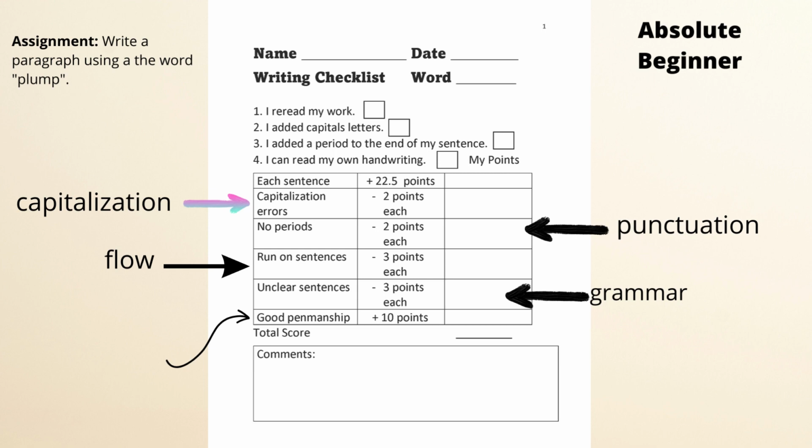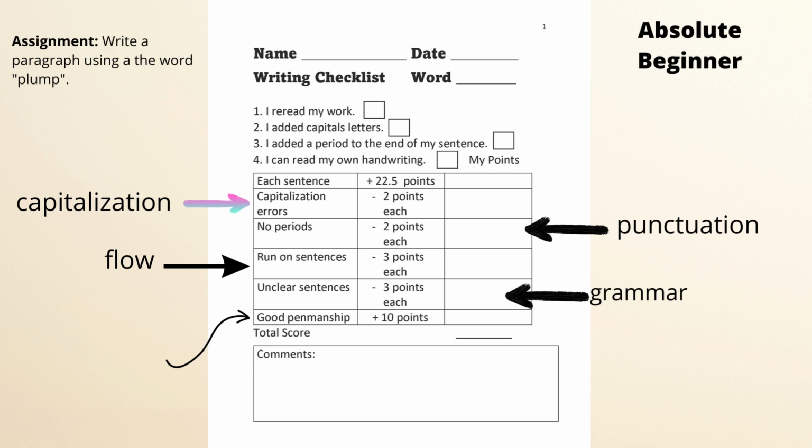The flow refers to how easily a reader can get into a text. While the flow involves many conventions of writing, for now, we'll relegate flow to not having run on sentences or sentences that are not clear.